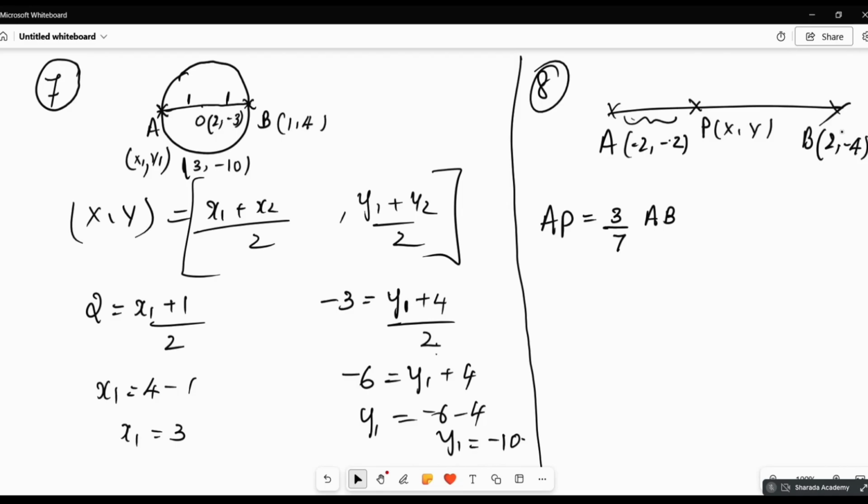No, 3 is to 4. See, AP is equal to 3 by 7 of AB. 7 will indicate total parts, 3 will indicate its ratio. Correct? Listen here. Or you people do not listen.